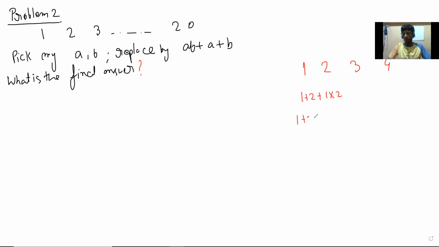So I do 1 plus 2 plus 3 plus 1 into 2 plus, what's the next thing? So the next thing I have to do is take this number and multiply it with 3. Is that okay with everyone? Let me just write that.